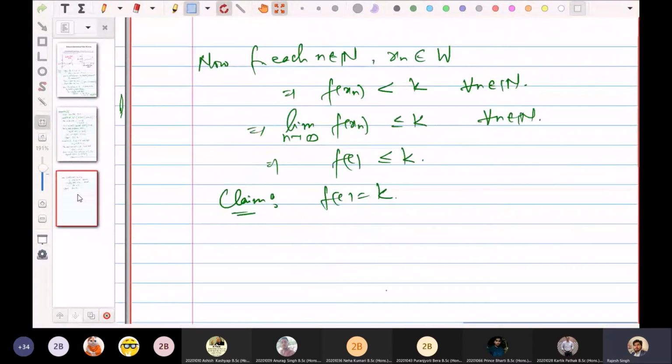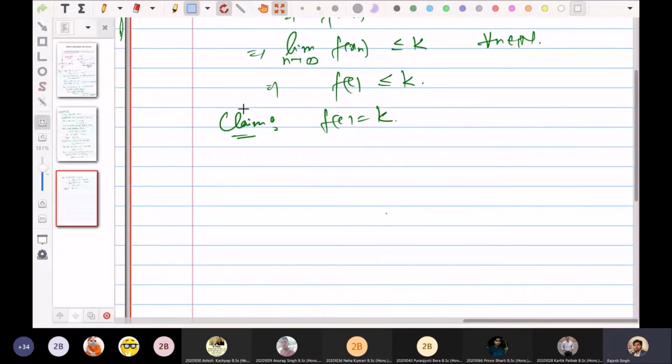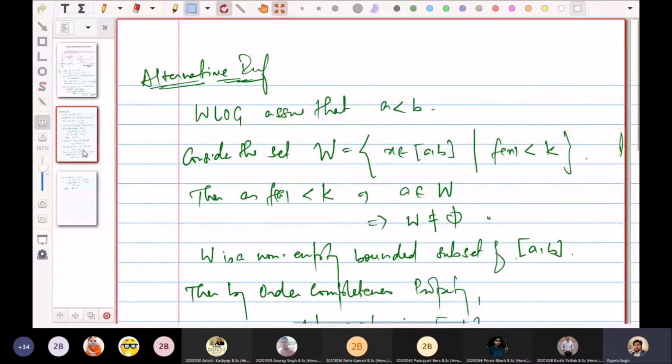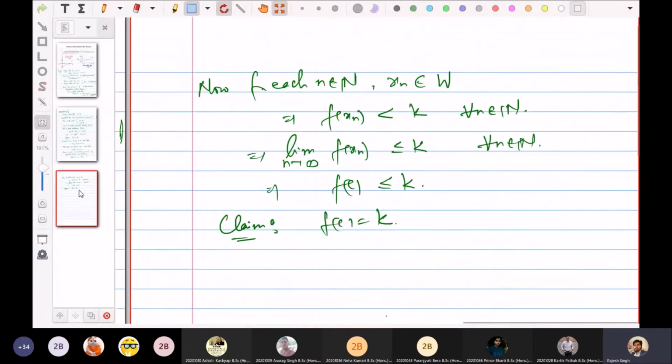Now what we will do is we'll take another sequence that converges to c, but from the right of c. यहाँ पे हमने sequence क्या लिया था? From the left of c, right? We took the sequence from the left of c. Now we will take a sequence from the right of c.